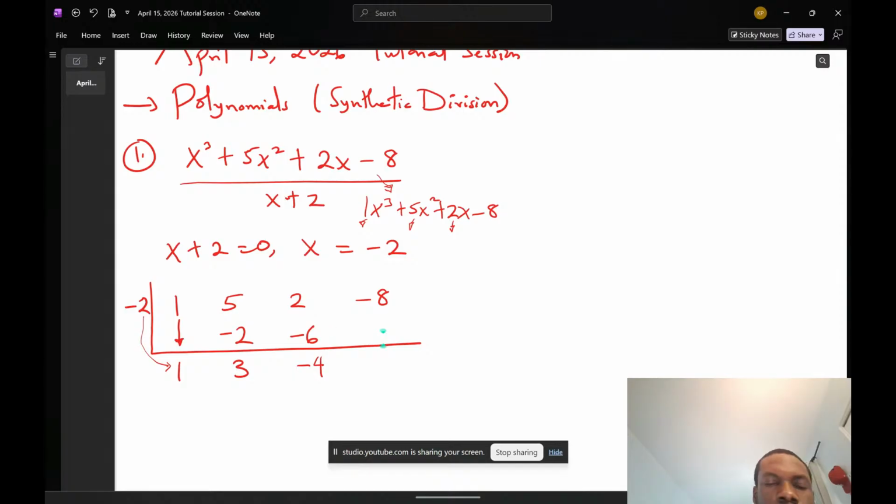Now we have negative 2 times negative 4, which will give us positive 8. Negative 8 plus 8 will give us 0. So this one here will be the remainder. Therefore, we can say that x plus 2 is a factor of x cubed plus 5x squared plus 2x minus 8.